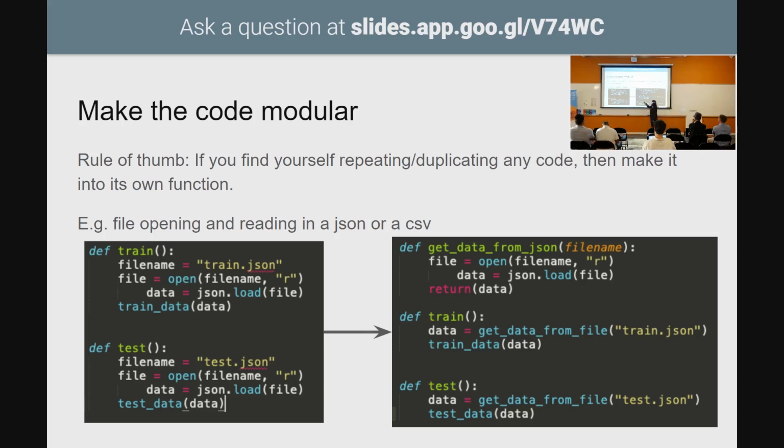Well, just take that out and make it into get data from JSON, and that's the function that you call every time you want to open a new file. Super simple, super modular, but this way you know that when there's a bug in one function, and if you have some tracking that tells you all the experiments that use that one function, you just know that with one click you can run all of those experiments again because they used a specific function.